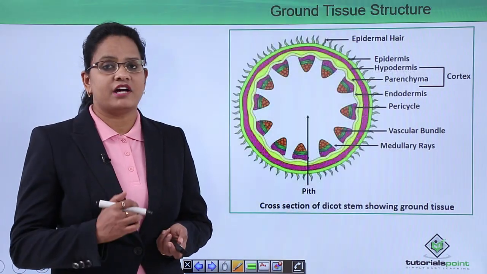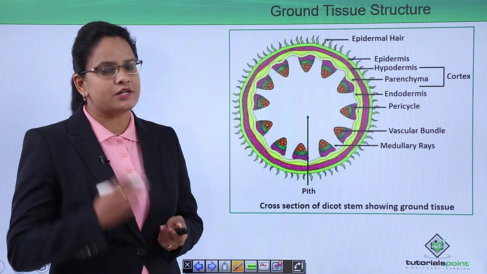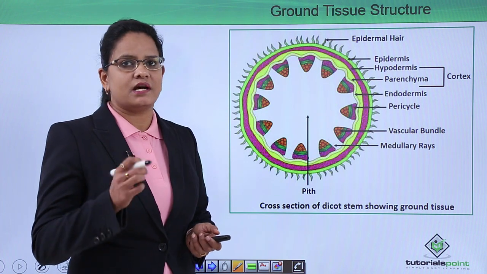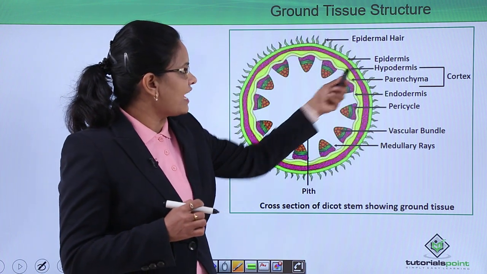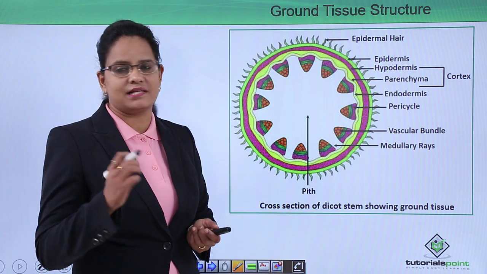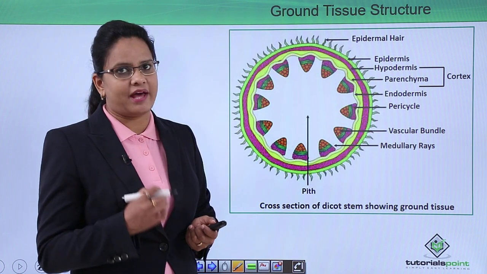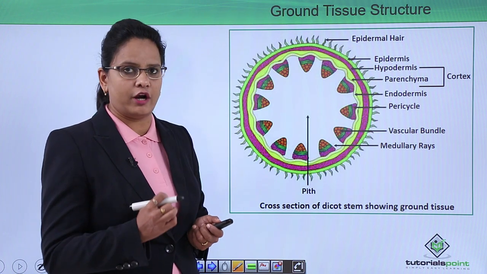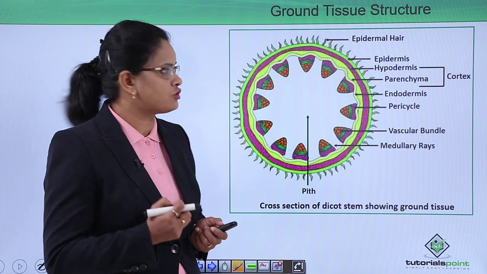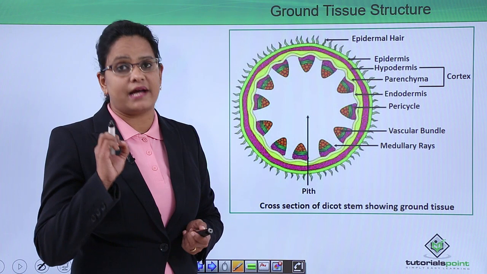If we see a transverse section of a stem or a root, we can see all these layers of the ground tissue. So just beneath the epidermis starts the ground tissue. The layer right beneath the epidermis is hypodermis, which is made up of collenchymatous and sclerenchymatous cells. Then is a little larger parenchymatous region, which is the cortex and helps in performing photosynthesis and also in food storage. Beneath the cortex is the endodermis.